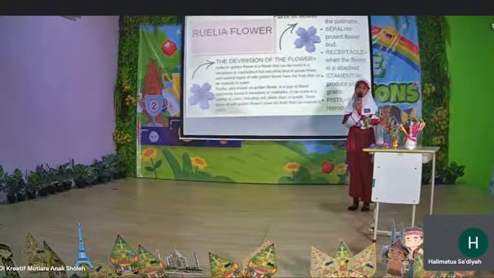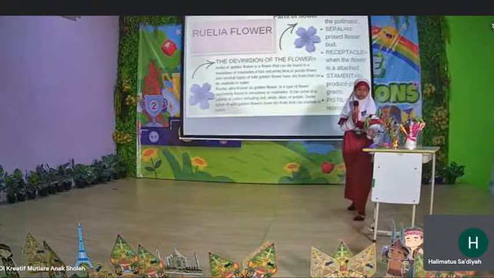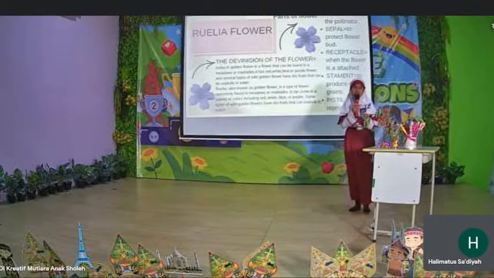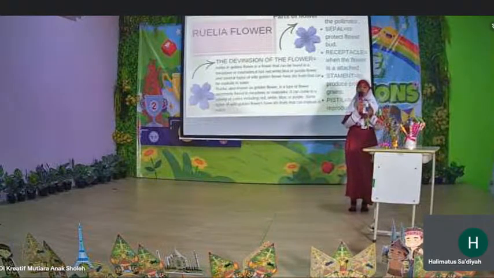It has red, white, blue or purple flowers. There are several types of the flower. Relia flower has dry fruit that can explode in the water.